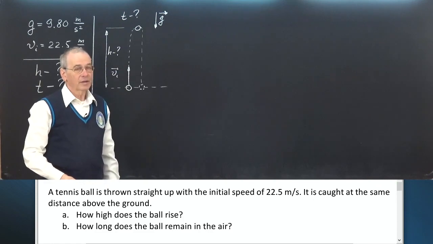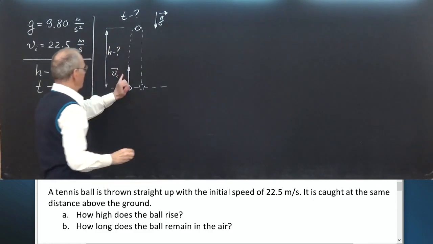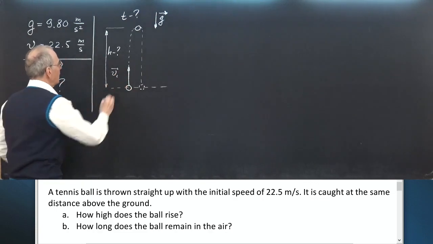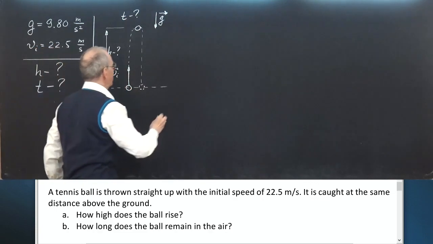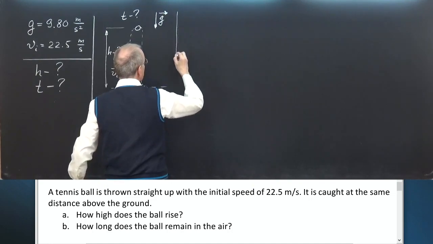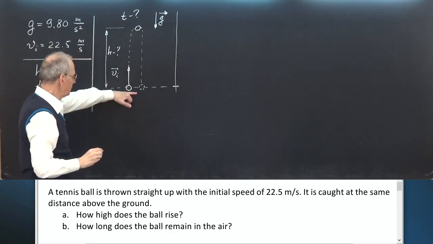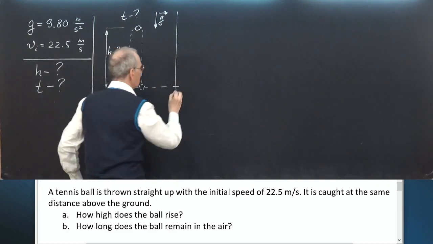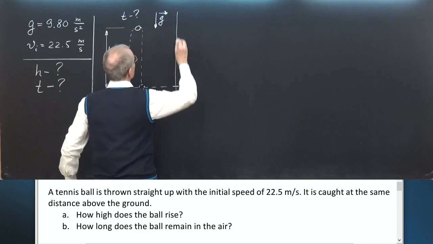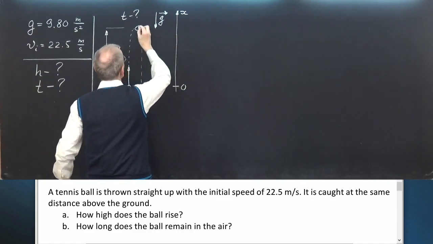So let's use the coordinate system directed the same direction as initial velocity, upward. The origin is at initial height, 0, x-axis.